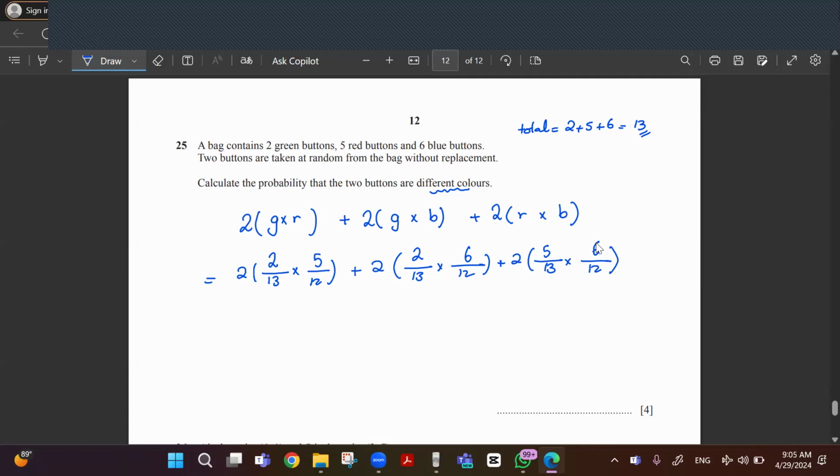Okay, give me just 1 minute to do it. Then plus the fraction, times 12, then plus here.